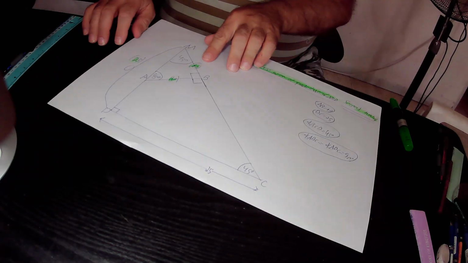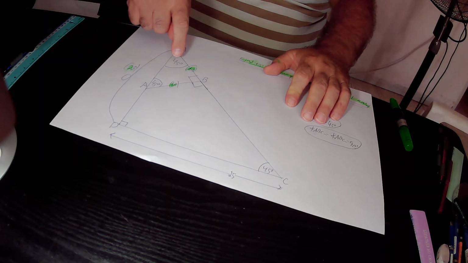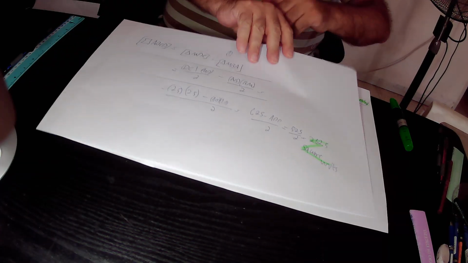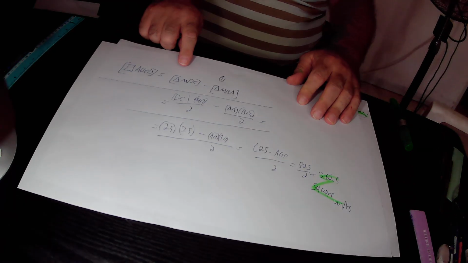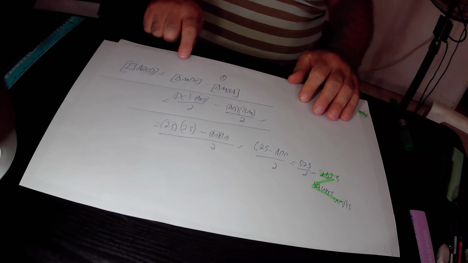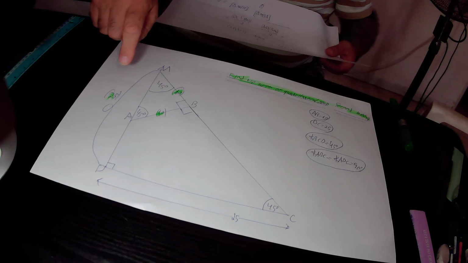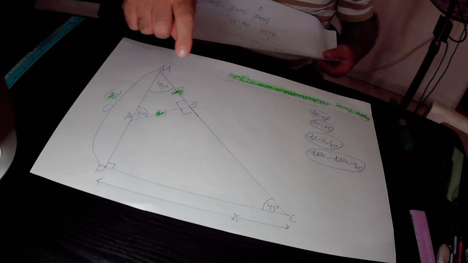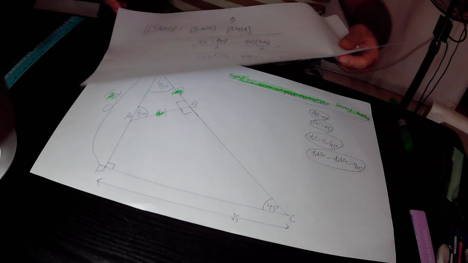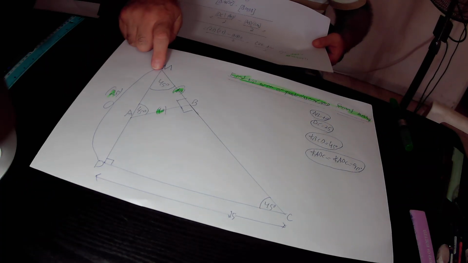The area of quadrilateral ABCD equals the area of the big right triangle MDC minus the area of this small right triangle MBA. The area of the big right triangle MDC equals the base DC times the height MD over 2, minus the area of this small right triangle MBA.